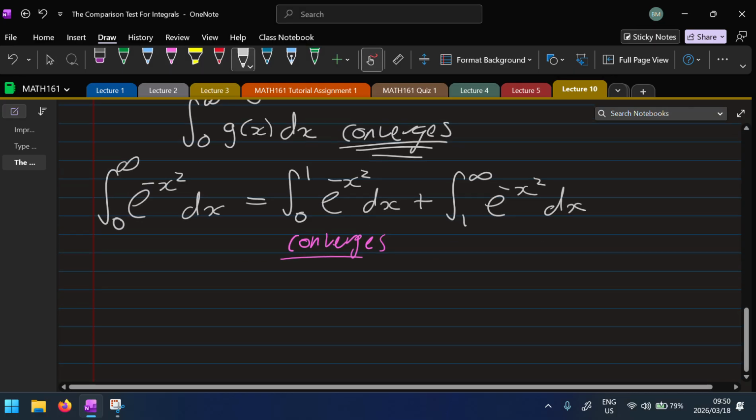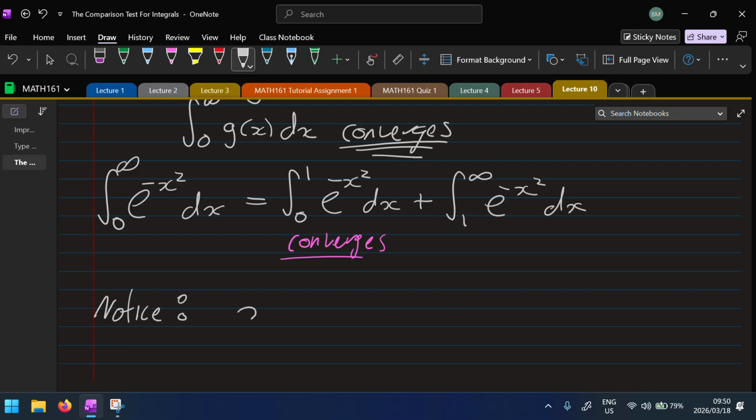So notice that x is less than or equal to x squared for all x greater than or equal to 1. Does everyone agree with that? If x is greater than 1, then x squared is bigger than x.